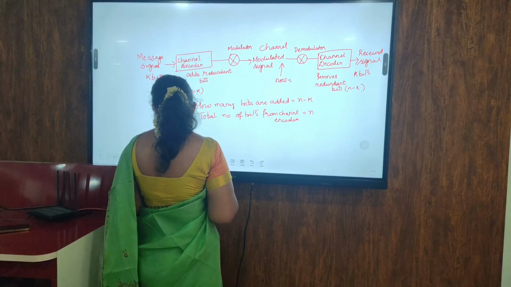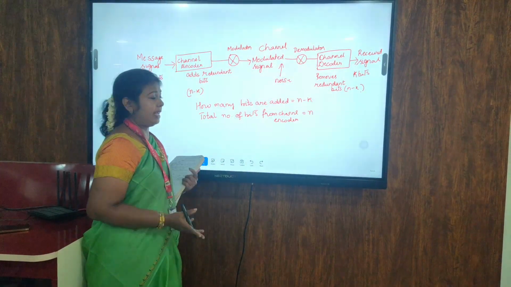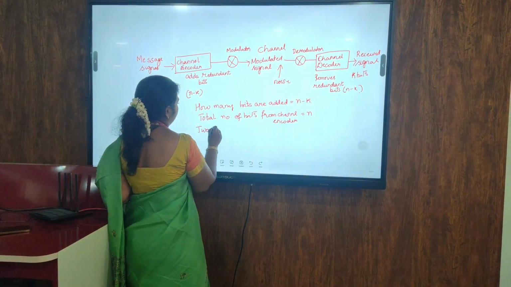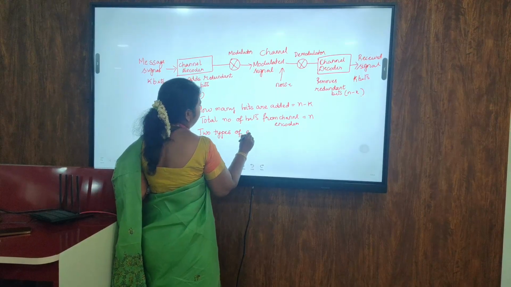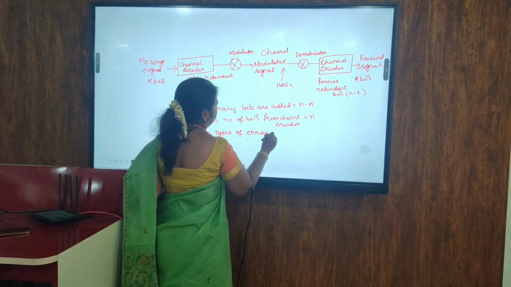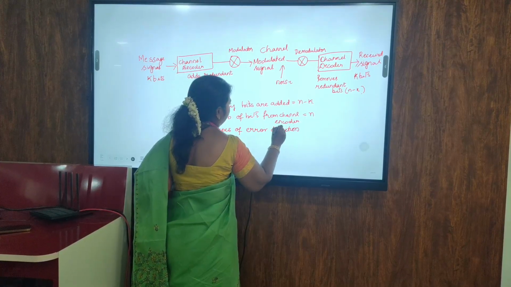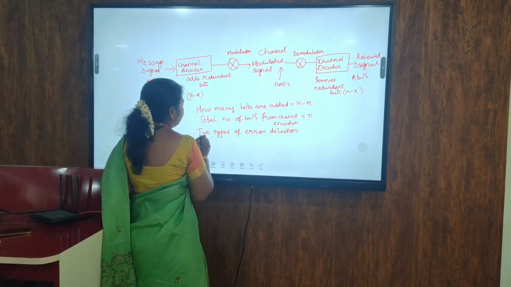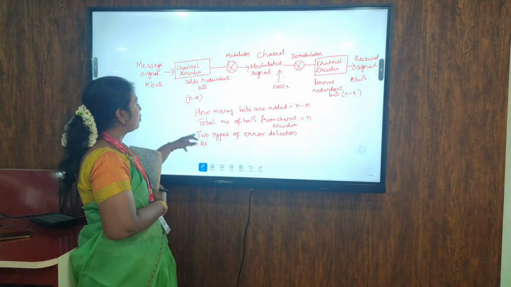Okay. Now, there are two types of error detection techniques. One, the receiver informs the transmitter to resend the data.